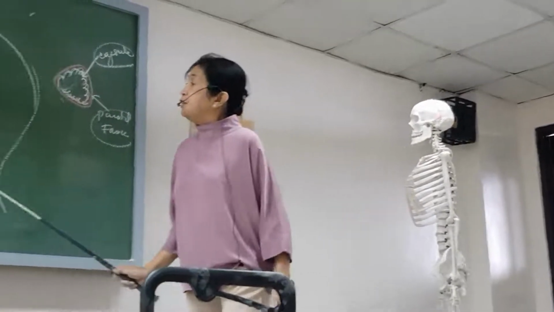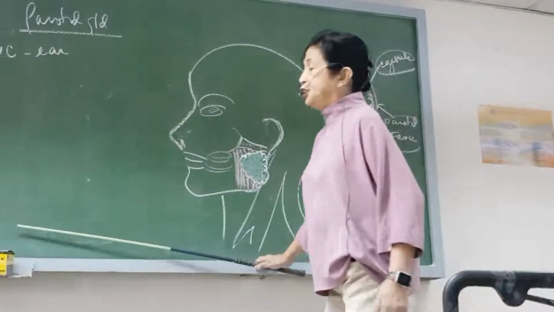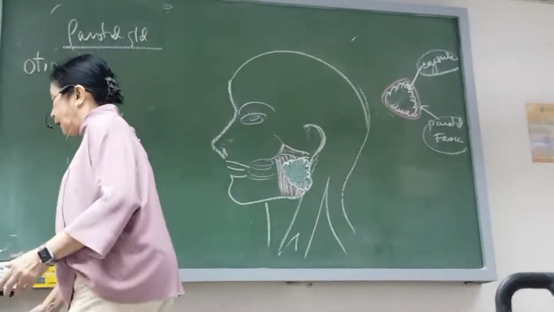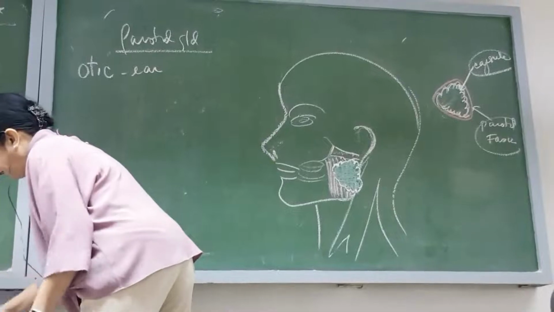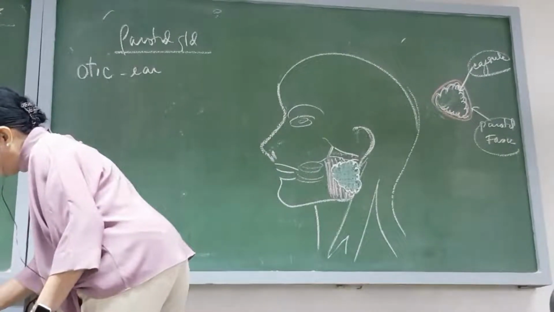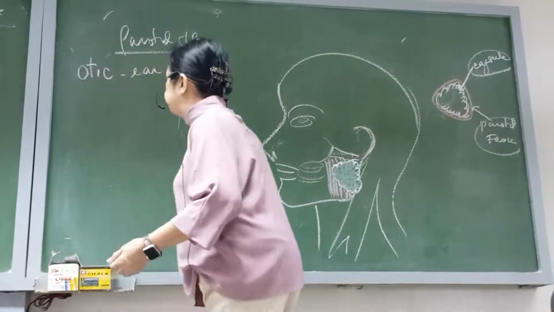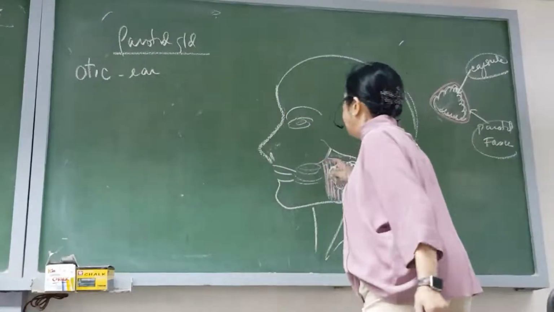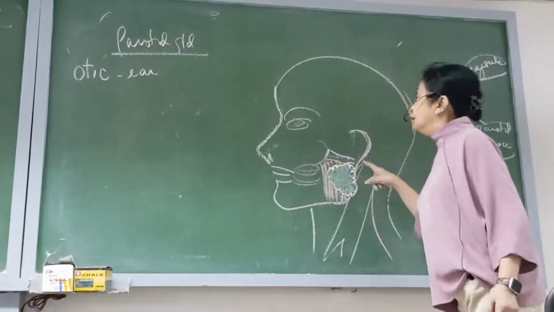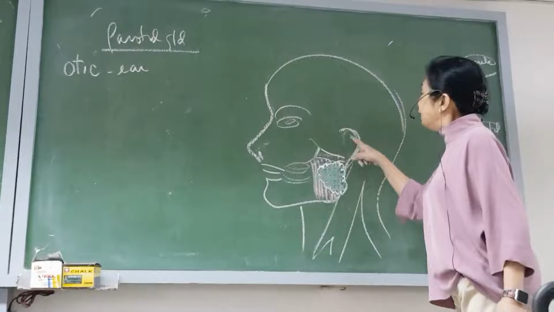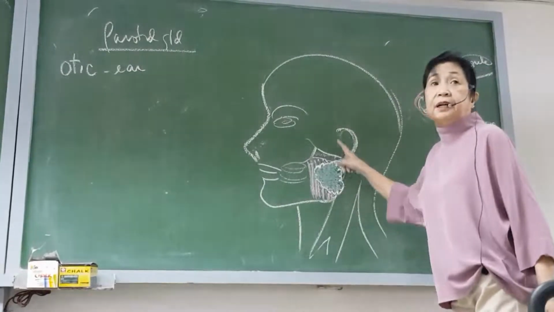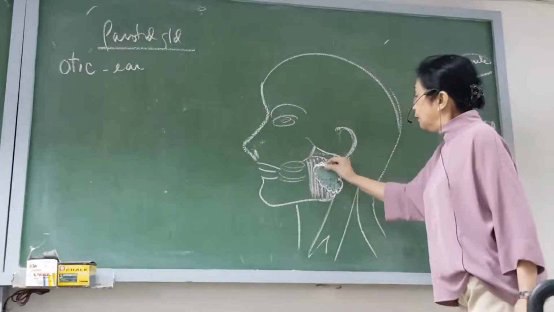So we start with the parotid region. Here, you find that the parotid gland is pyramidal in shape. This one here is found below your zygomatic arch and in front and below your pinna of the ear, at the base there.